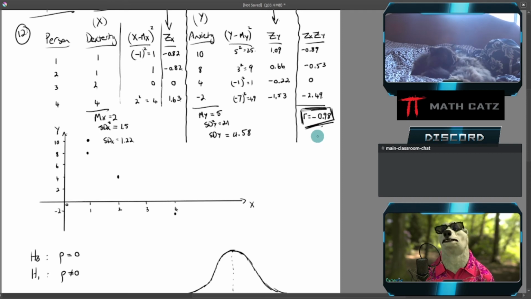And can it therefore be taken as strong enough evidence that the true correlation coefficient isn't 0, because I get sample values that are far away from 0? So I need to consider this one observation among all possible correlation coefficients I could have calculated from a sample of 4 people.